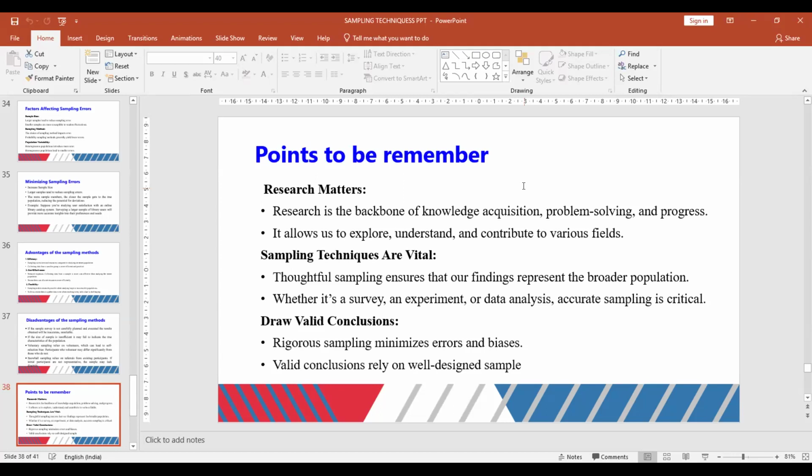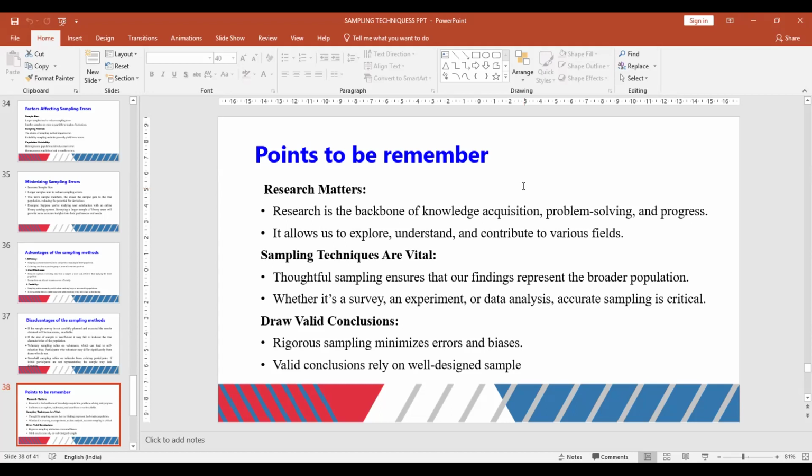Rigorous sampling minimizes error, and a well-designed sample really depends on when we frame, define, and create the sets. These are the basic, major points to remember as a researcher.